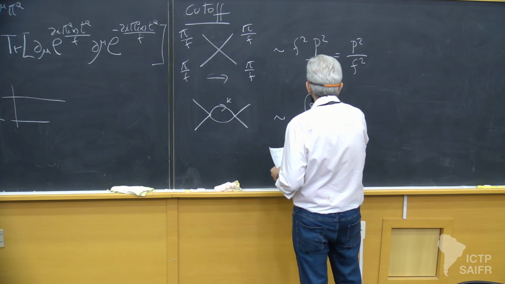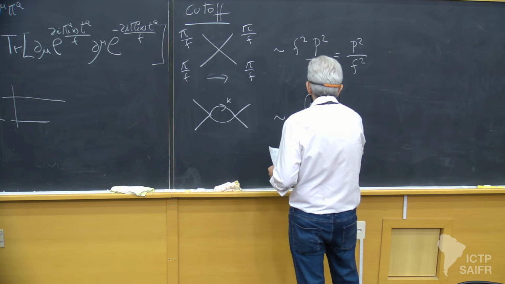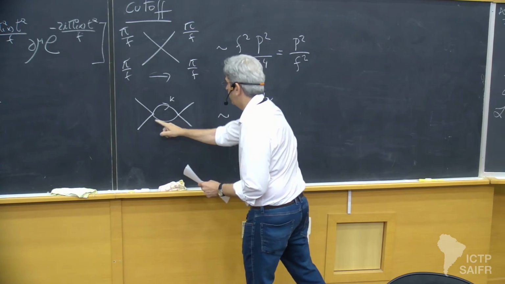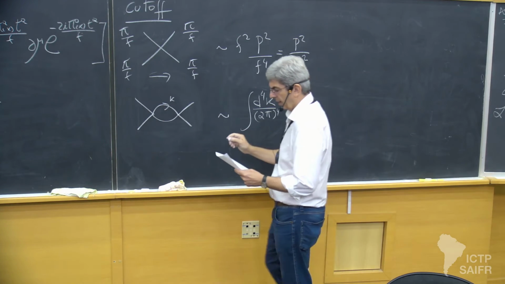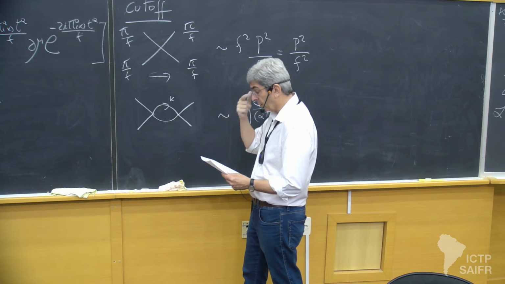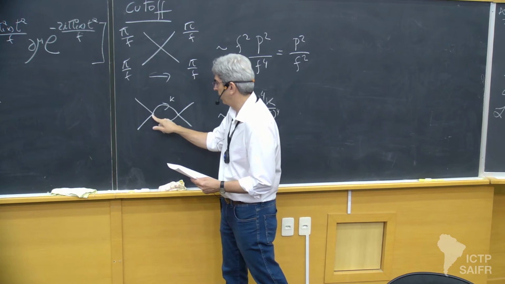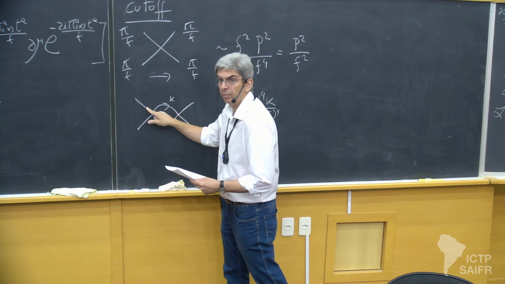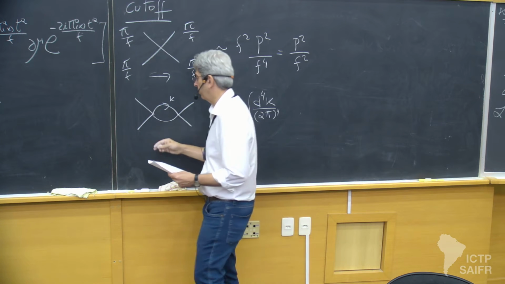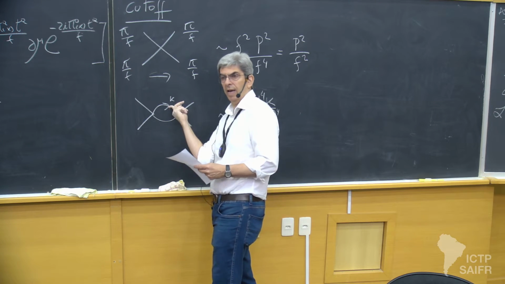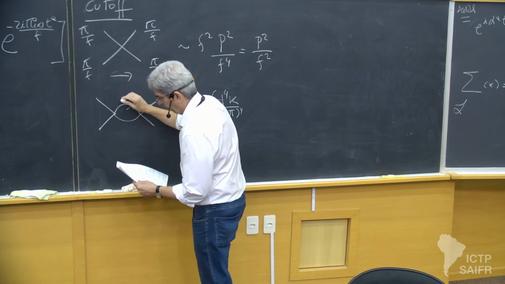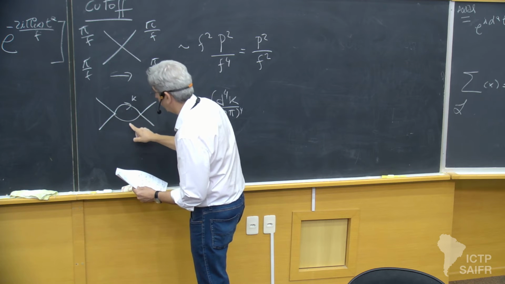There is a d4k divided by 2 pi to the 4th or whatever. Then I have these 2 vertices, but you have to be very careful because in each vertex, I'm going to get a momentum from the external momentum, but also a momentum from k. So this is going to work out. There are 2 propagators, right?